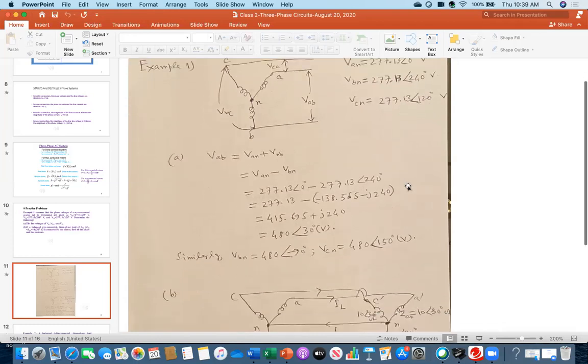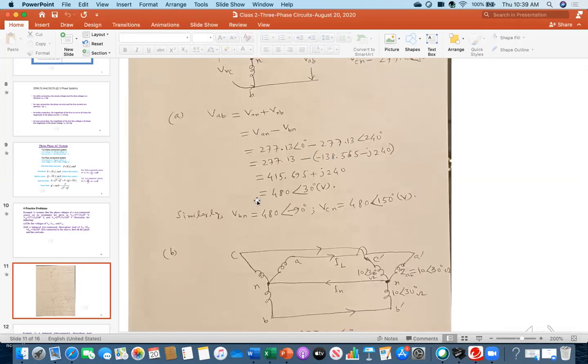But here, when we calculated VAB, the phase angle is 30 degrees. For BC, as I told, actually this is wrong. It should be VBC. See the phase angle minus 90, and here it is 150. So this is VAB at 30 degrees, but VBC should be 120 degrees apart, clockwise.